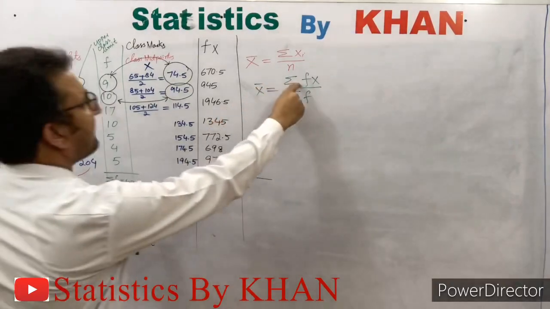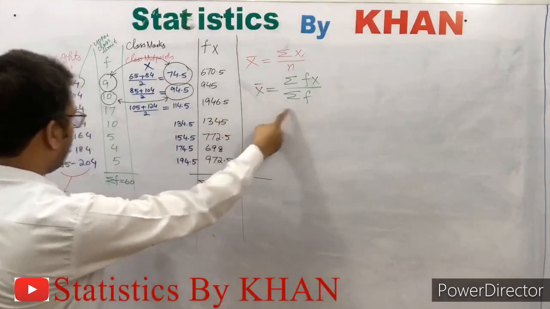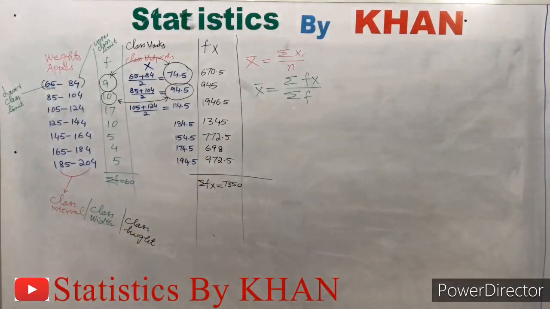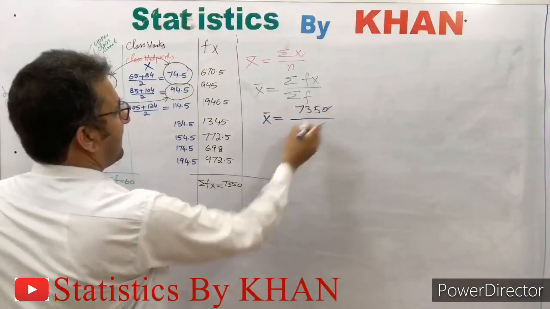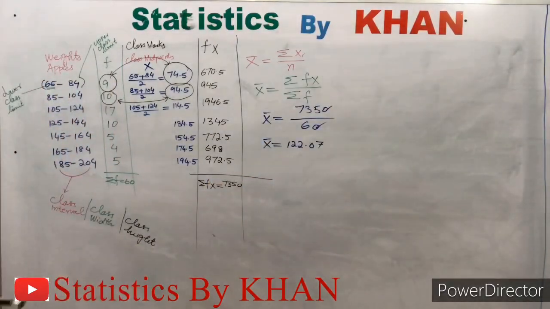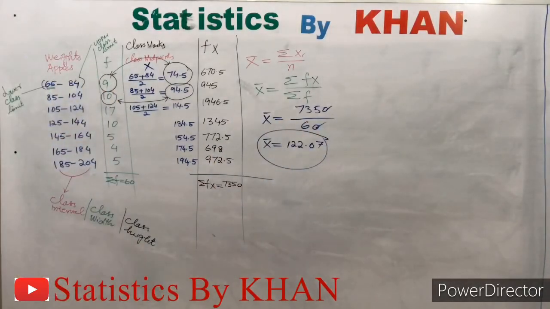One is summation fx, which is this one. The other one is summation f, which is this one. Plugging these values in that formula, we get the required arithmetic mean, and x bar will finally come. So this is the arithmetic mean of this data set, and in general, this is the arithmetic mean from continuous group data.